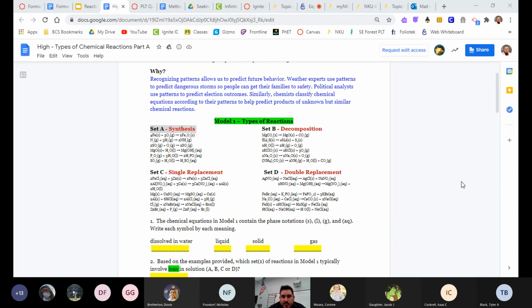Yeah, there are multiple examples. Using the evidence, I could do these two right there. Those are both element plus element making a compound. The other ones are compounds, so we don't really want to use those as examples.